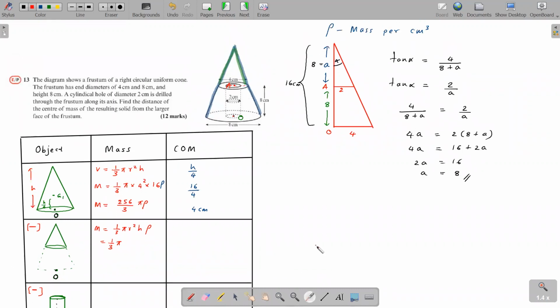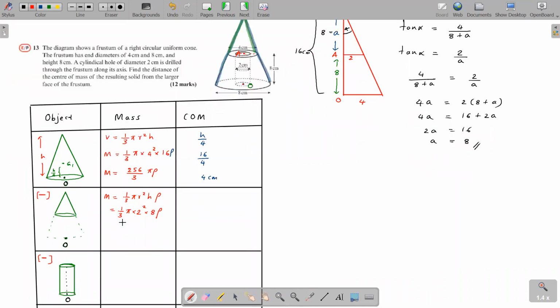Diameter is 4, so radius of the smaller cone is 2, so 2 squared. And the small cone has a height of 8 centimeters, because the whole thing is 16 and this is 8, into rho. All right, guys, so what do you get here? That's 4 times 8, that's 32 over 3 pi rho. Great.